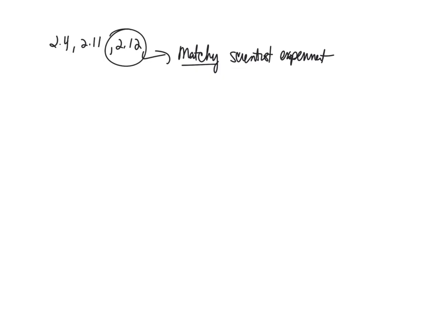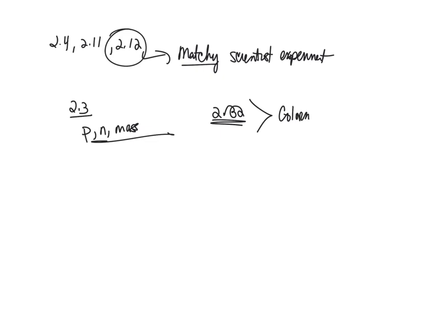The problems in section 2.3, we've talked about that. You should be able to calculate protons, neutrons, and mass number, so work on those. Problem 2.32, I really want you to do that with coloring your periodic table.